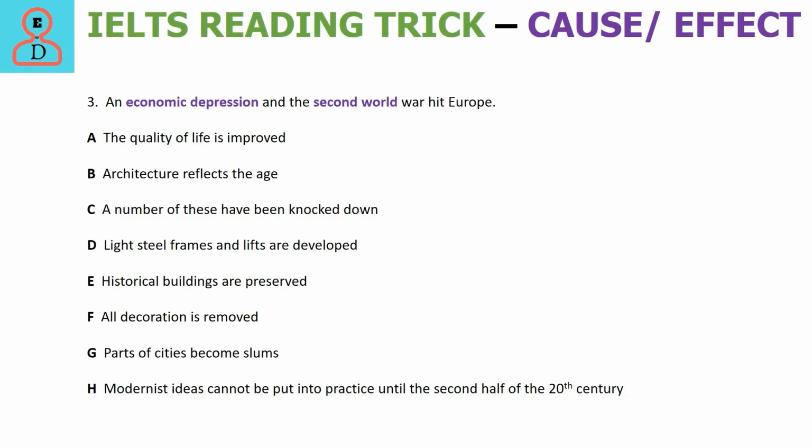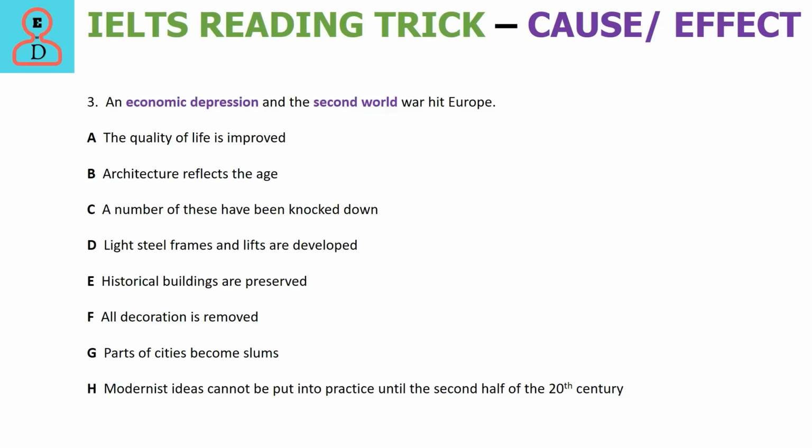Now, the next cause is economic depression and World War II, which happened in Europe, and we have to find its effect. We know that the effects of a war are seen after it is over, and World War II ended in 1945, in the first half of the 20th century.